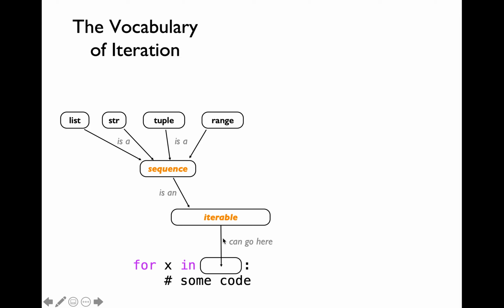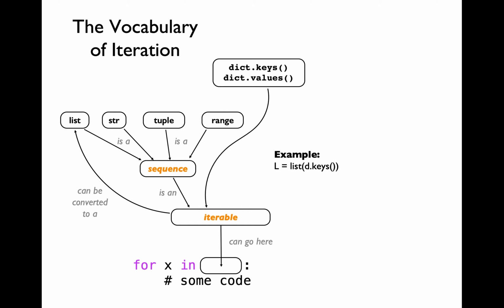There are other things which are iterable but which are not a sequence, and examples of that would be the dictionary dot keys function and dictionary dot values function. These are special functions which return iterables.